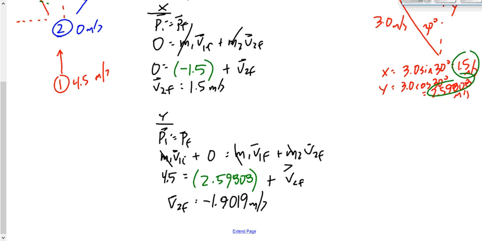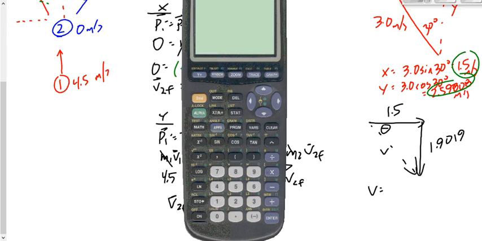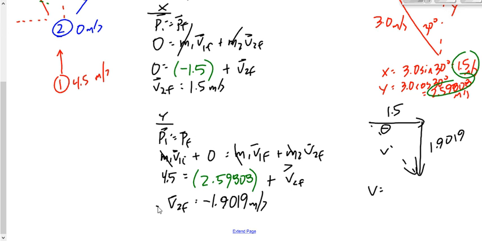Okay, so now we got 1.5 to the right, 1.9019 down, and then we just solve for theta, we just solve for V. Sorry, positive? Is that positive? Well, somebody told me it was negative. Who told me it was negative? Okay, well, we'll change it then.